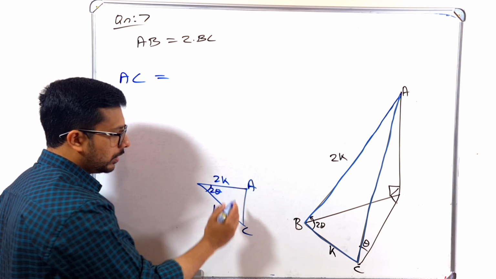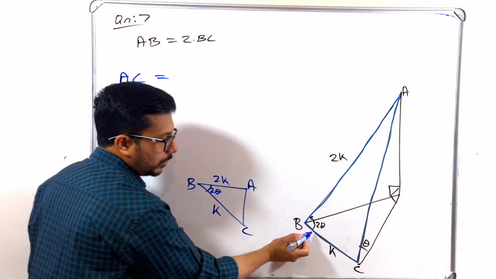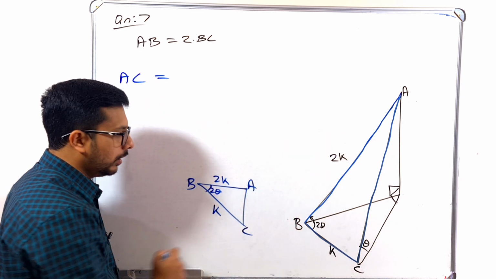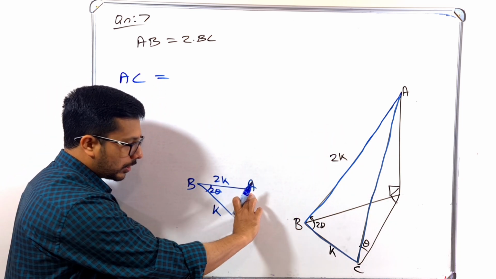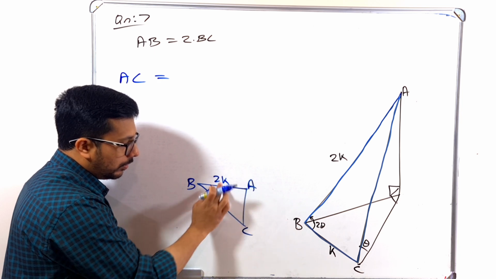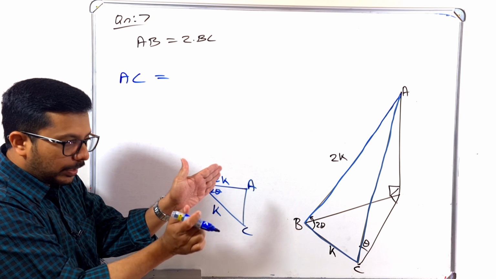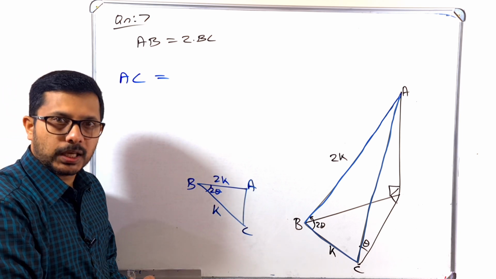Is it not so? This is ABC. This angle is 2 theta, this one is K, and this one is 2K. So how can you find AC? You have to find this opposite side, and we know the corresponding two sides and the included angle also. So in that case we can apply the cosine rule.